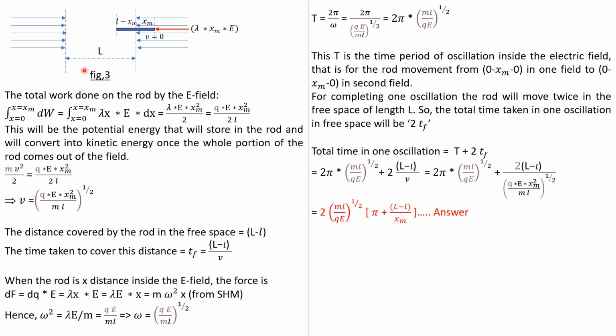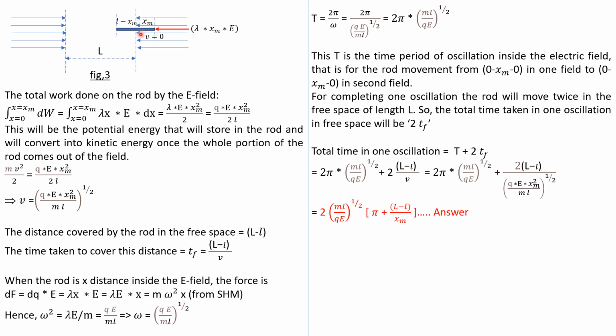Since there is no force or system within it which is transforming the energy into another form, it is only a transformation of kinetic energy to potential energy. This potential energy is the work done that will be stored in the rod.